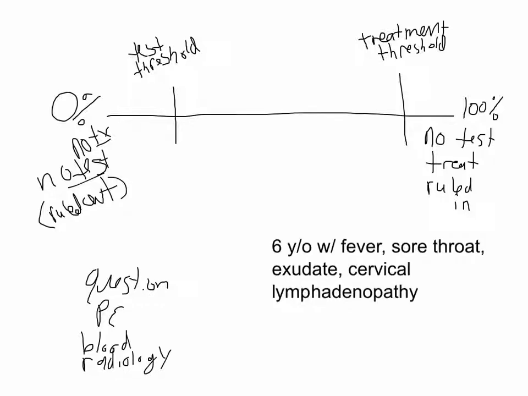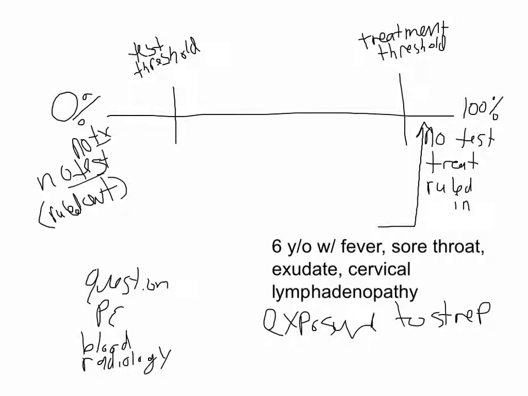So suppose you have a 6-year-old with a fever, sore throat, exudate, cervical lymphadenopathy, and exposure to strep. At this point, this is beyond the treatment threshold. You don't need any more testing. You just simply treat it because the probability that they have strep is so high.